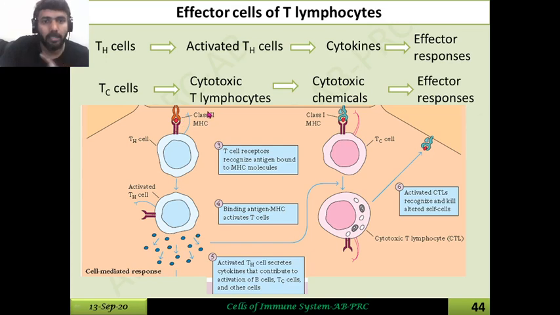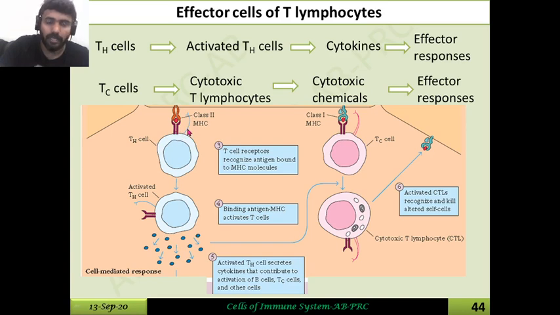The class 2 MHC is present on the surface of antigen presenting cells, on APCs, and the important APCs are dendritic cells, macrophages and B cells. Right. So this APC will present antigen on class 2 MHC, and this antigen class 2 MHC complex will be identified by the T cell receptor.